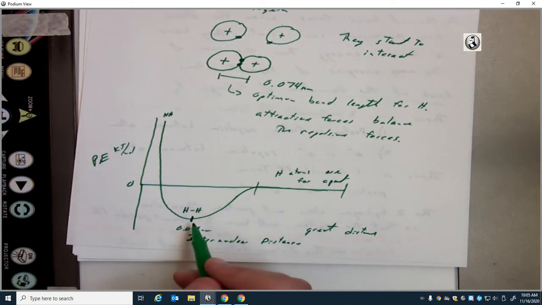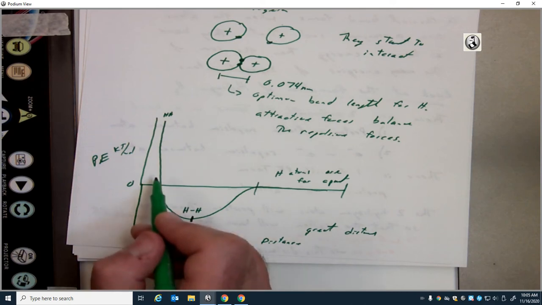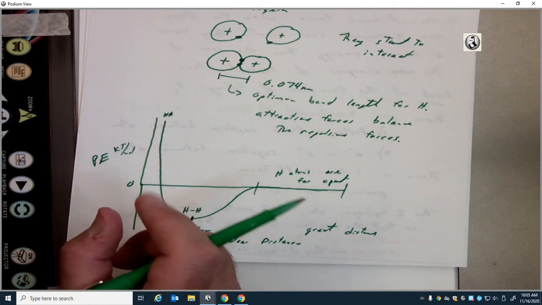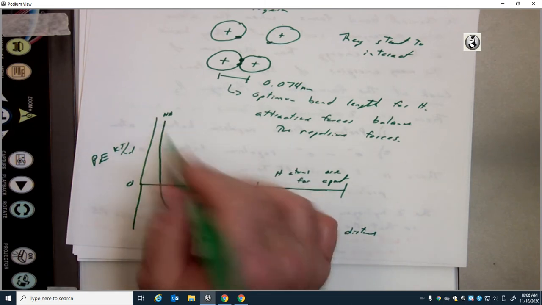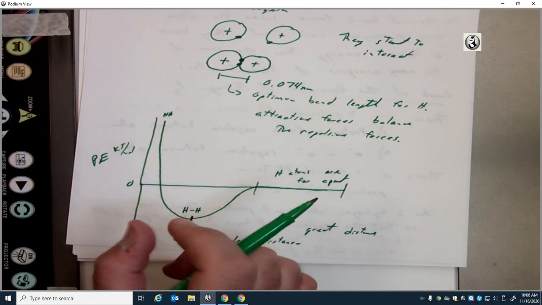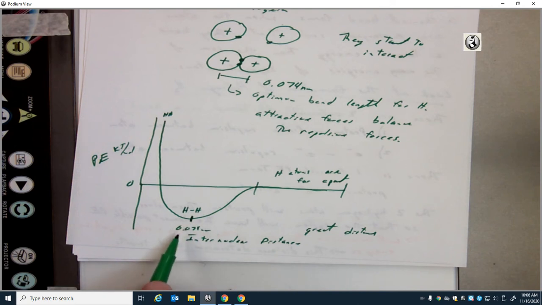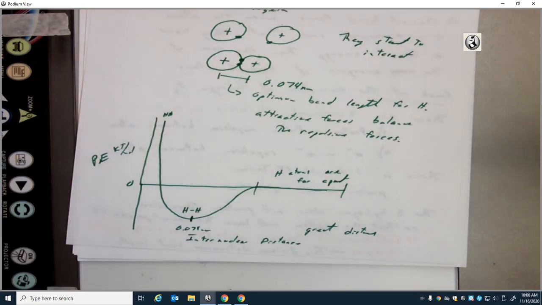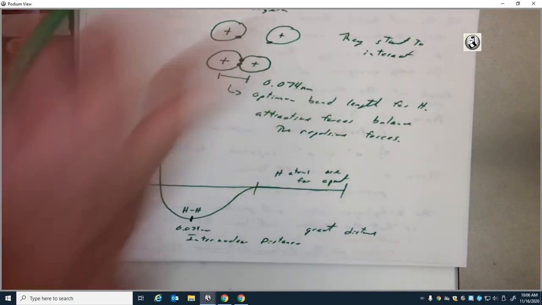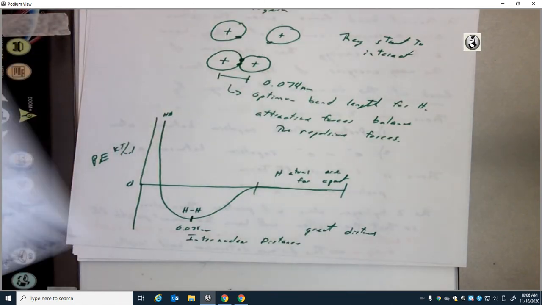If we force those atoms together, the repulsive forces increase because those proton-proton interactions are pretty strong repelling forces. So it doesn't want to be closer for hydrogen than 0.074 nanometers. Hopefully this helps you understand a little bit about what's happening with these attractive forces.